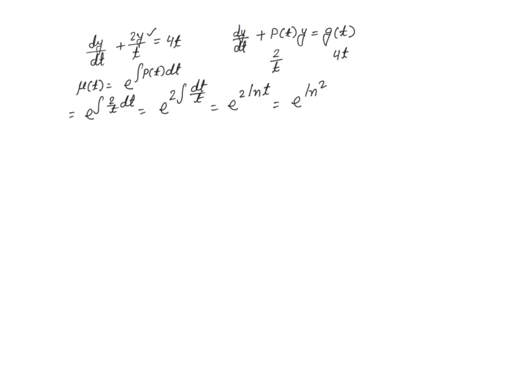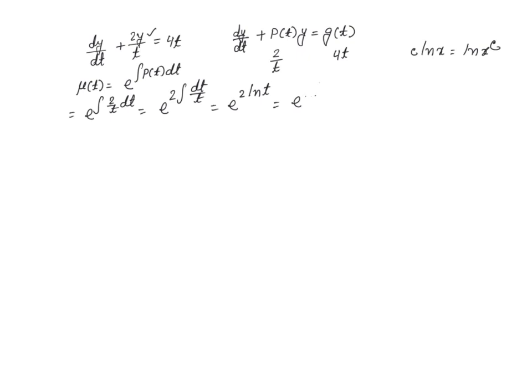Remember the natural log formula: some number c times ln of x is ln of x to the power c. So what we got is e to the power ln of t square. Actually, this is t square, so let me go ahead and fix it.